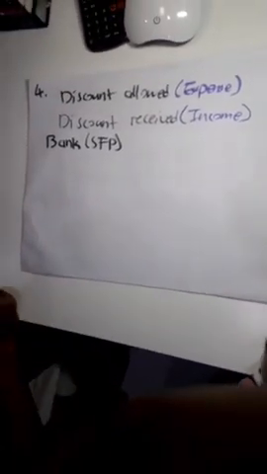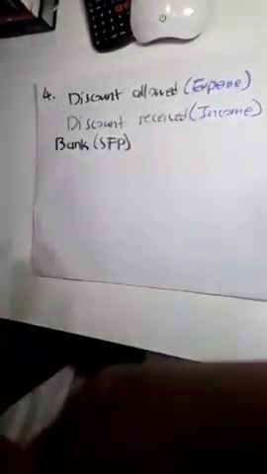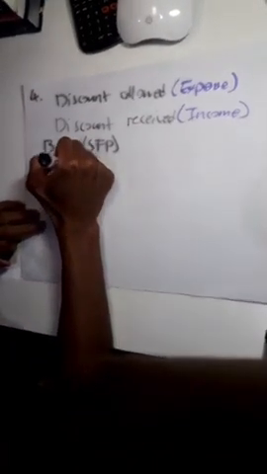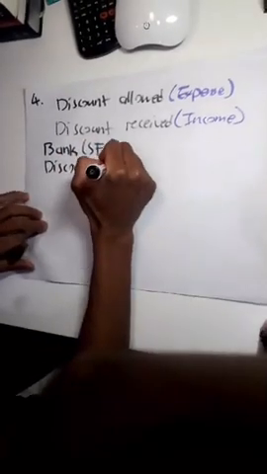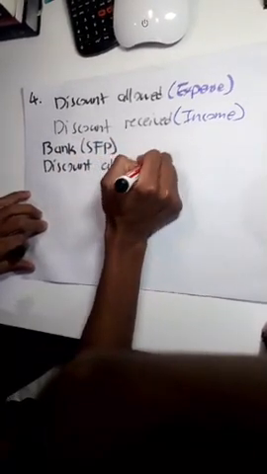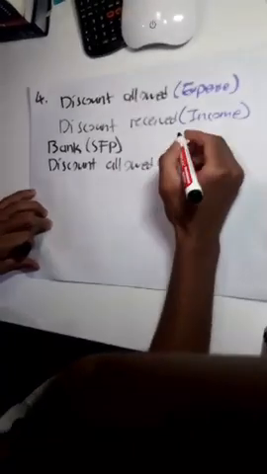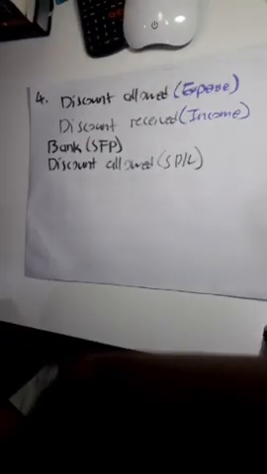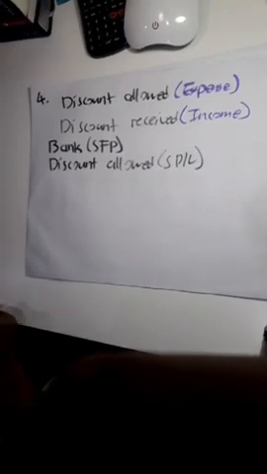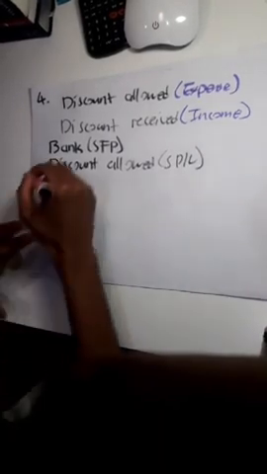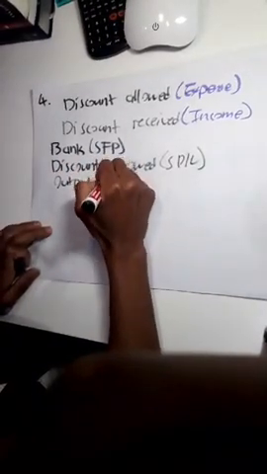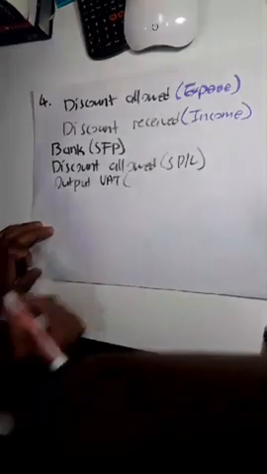Okay, so bank, statement of financial position, right? And now remember, discount allowed is an expense. Expenses increase on the debit side, so you're going to have discount allowed here, and it's an expense, so it will go to the statement of profit or loss. Are we fine? And then you have output VAT, which is a liability.